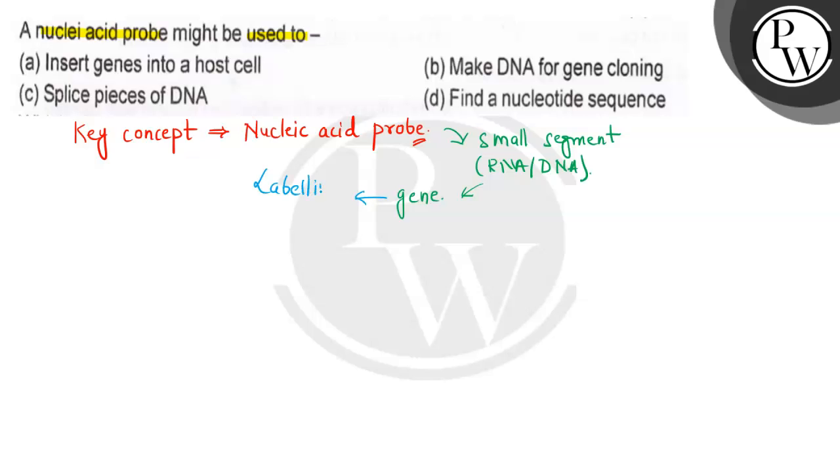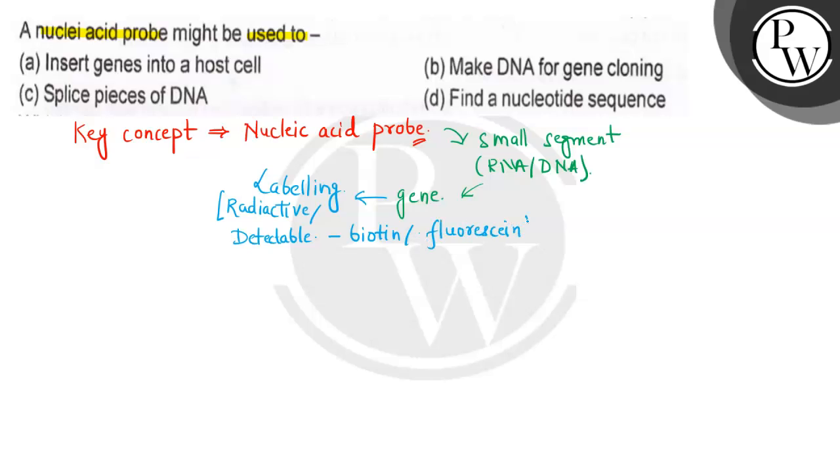Fine. अब label कैसे करेंगे? This labeling could be done either by the use of radioactive substances or else we can use detectable substances. For example, the biotin could be used or else the fluorescent could be used.